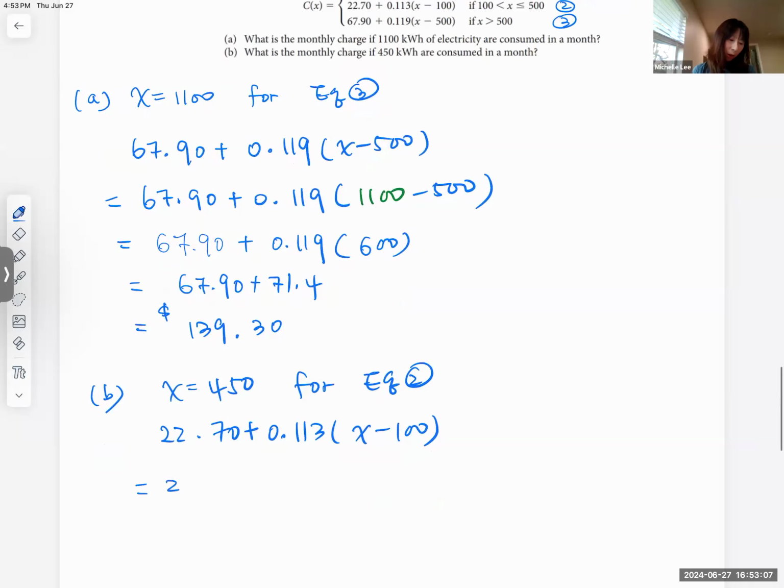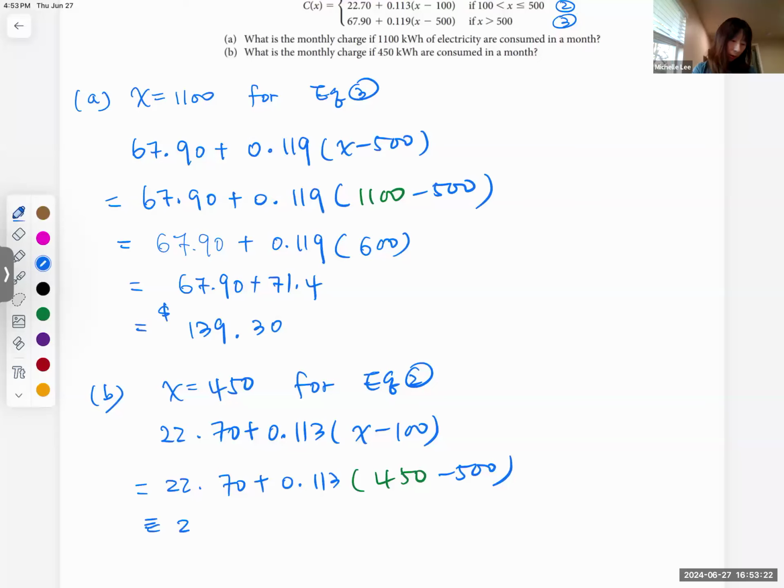So that will be 22.70 plus 0.113 times (450 minus 100), and inside the parentheses, 350.